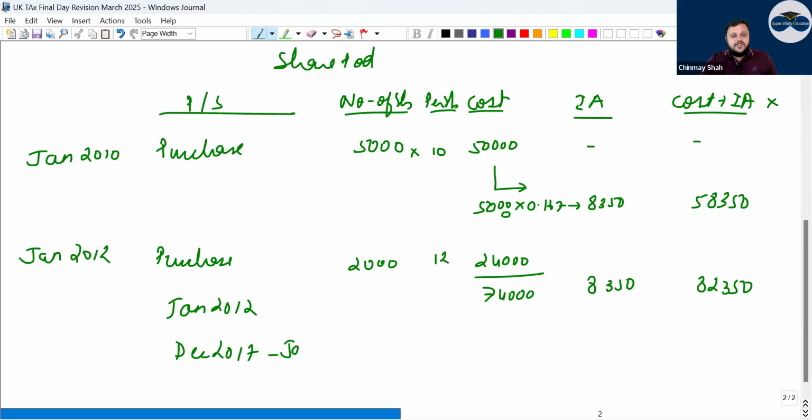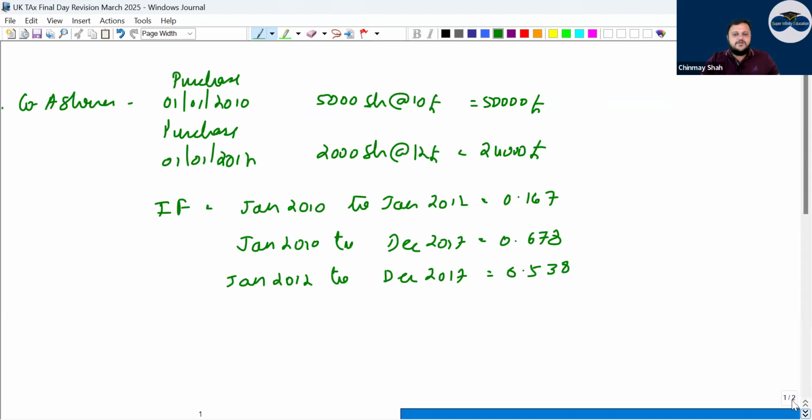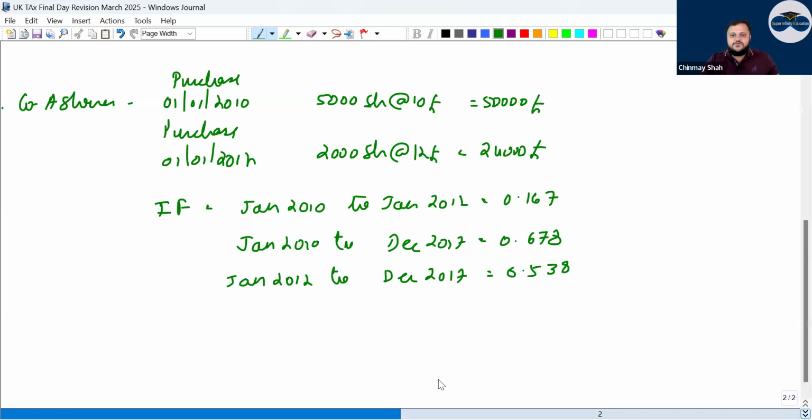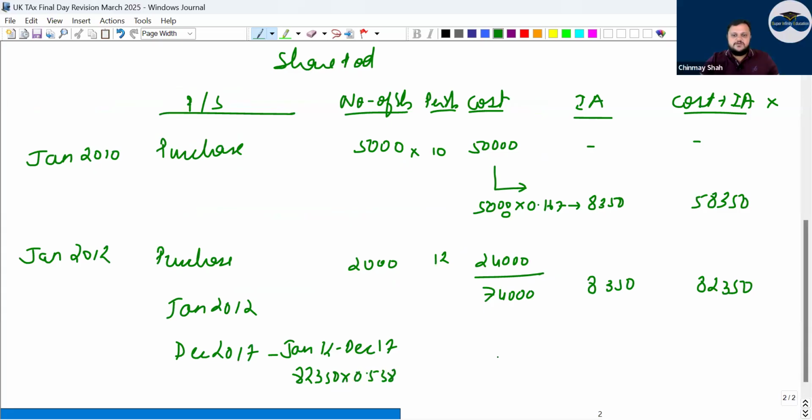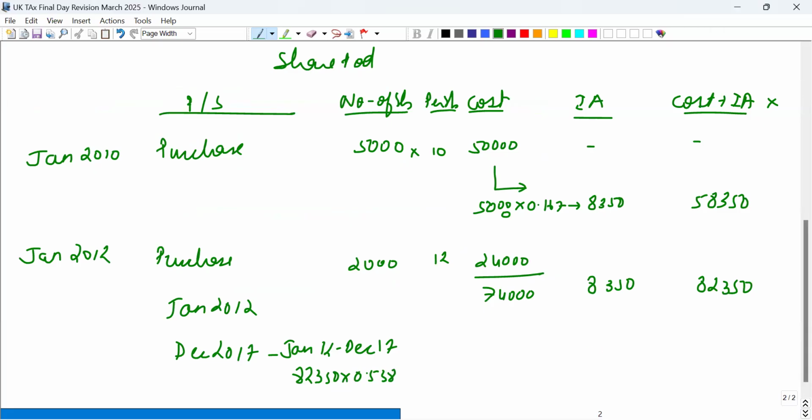So Jan 2012 to December 2017 applies on this 82,350, into the factor 0.538. How much is that? 44,304.